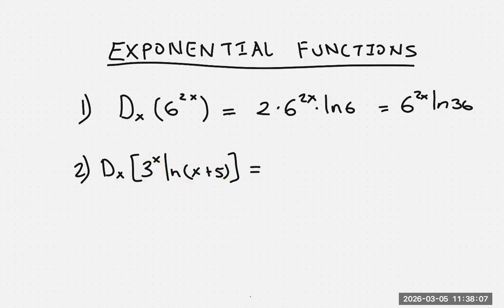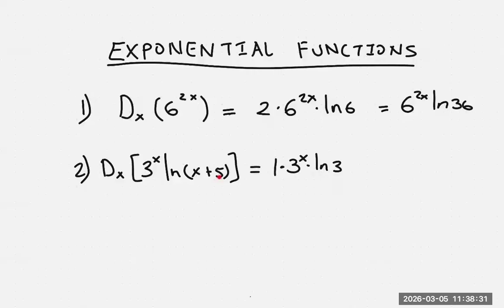So differentiating 3 to the x, we differentiate the power, which is x. That gives us 1. I'm going to write the 1, you don't have to. Put back the 3 to the x, and then multiply by ln 3. Now we have not differentiated this one yet. Remember, the product rule is differentiate one, multiply by the other, and then put back the first one and differentiate the other one.